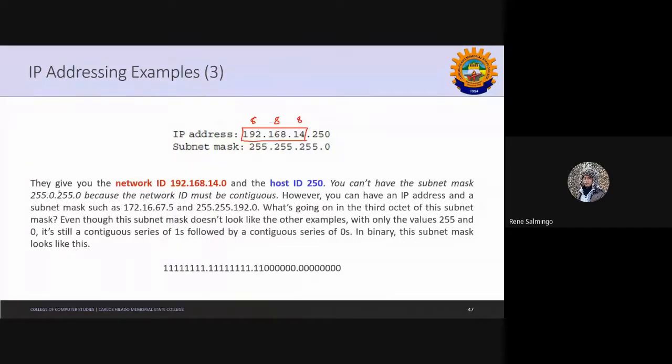And you cannot have this example because the network ID must be contiguous because you're considered Class C, and once you have this, it is an invalid subnet mask because you need to fill in all the 8 bits. So this is 8 bits, and this is 8 bits, and this is 8 bits.